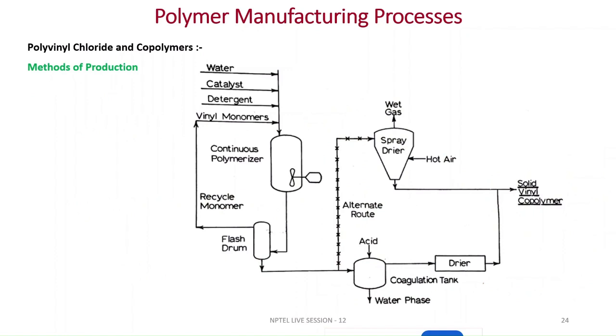Now let us focus on the method of production for PVC. So this is the reactor, and it is a continuous polymerization reactor, where we are giving feed of water, catalyst, detergent or soap molecules, and vinyl monomers. After the polymerization reaction, some of the unreacted monomers will be separated by the flash drum and recycled back to the feed point.